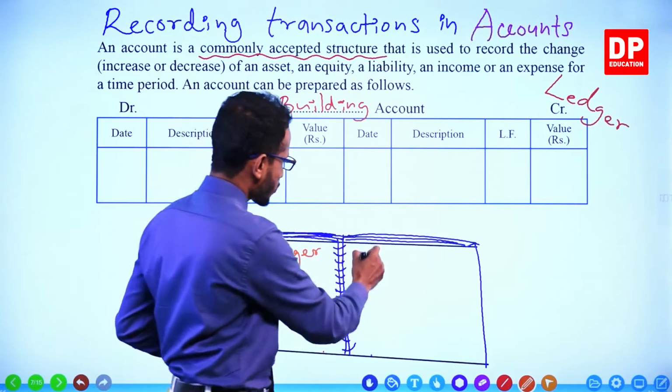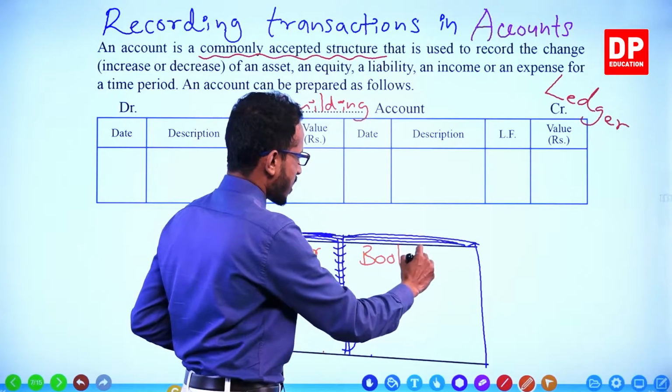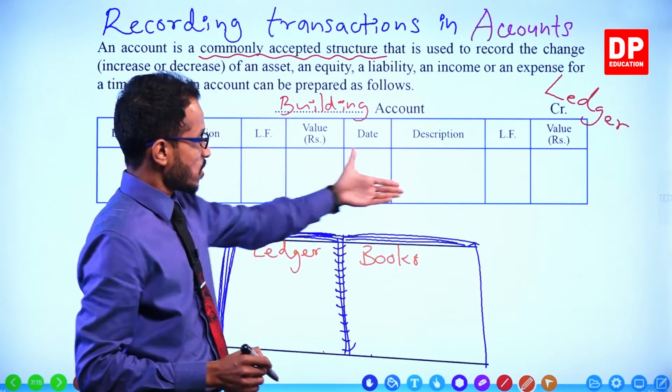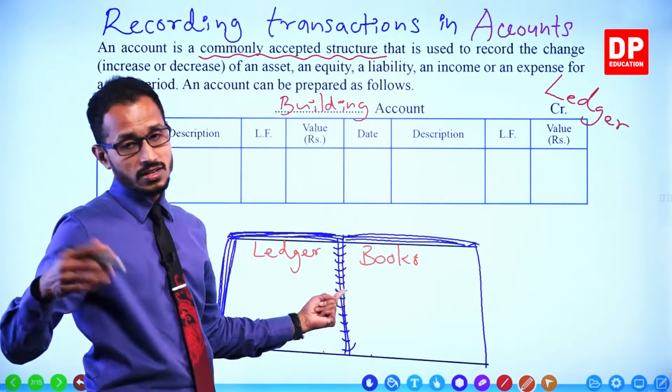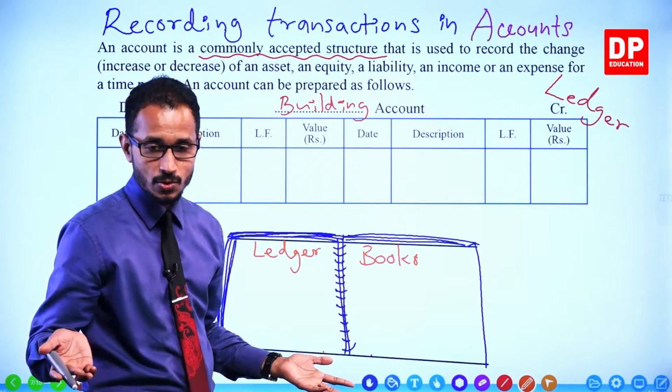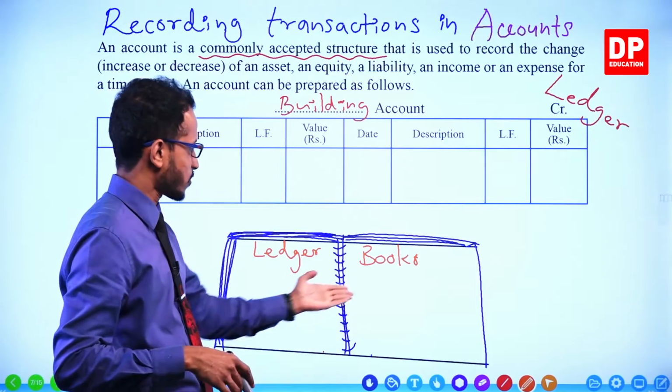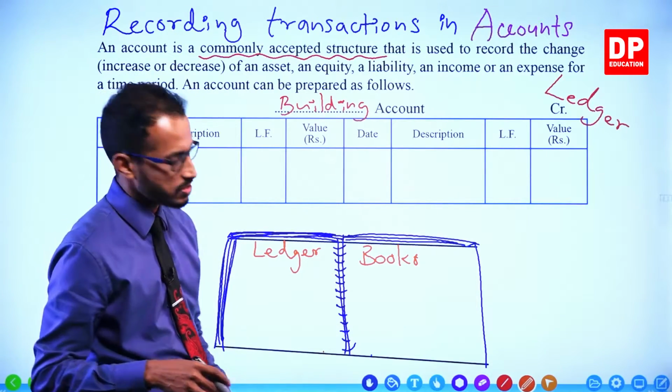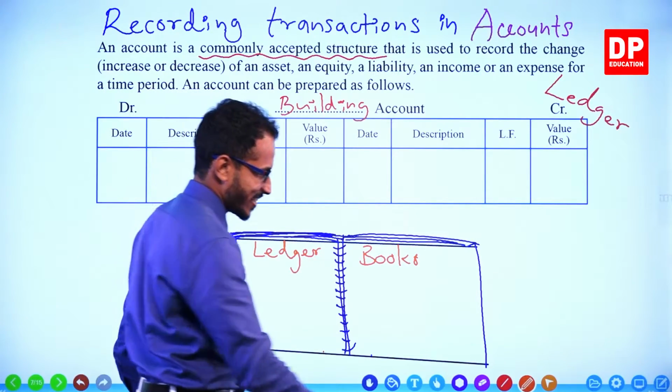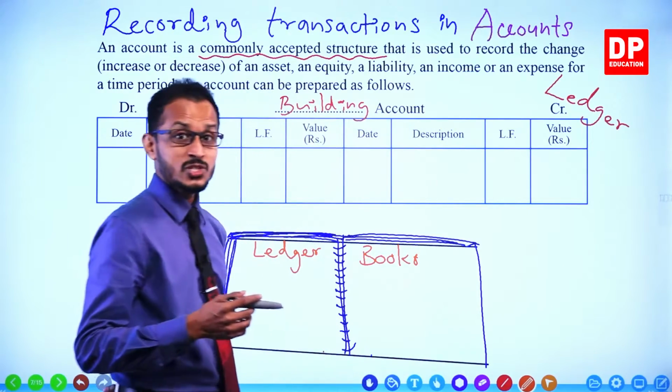This is why the books were called ledger books, and the accounts which were drawn in the books were obviously called ledger accounts because of the name of the books, ledger books. All right, that's a little bit of history.